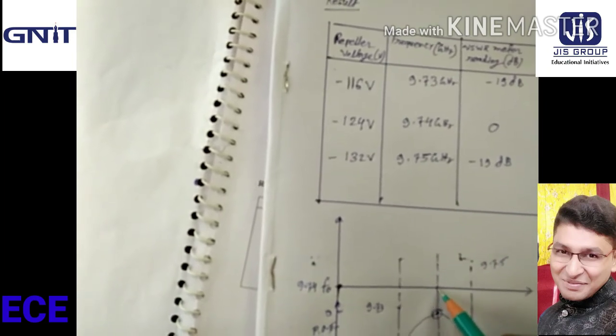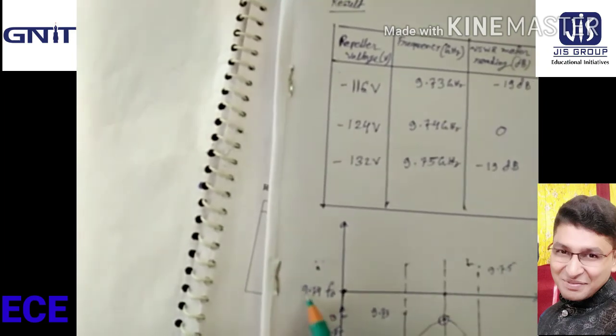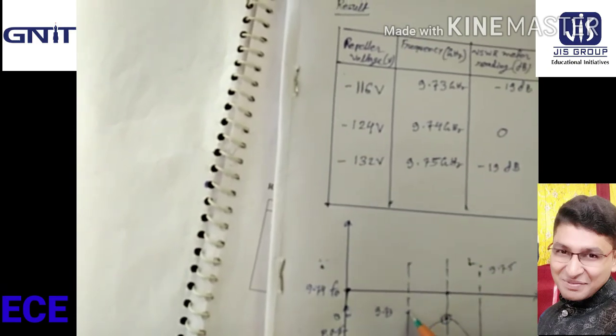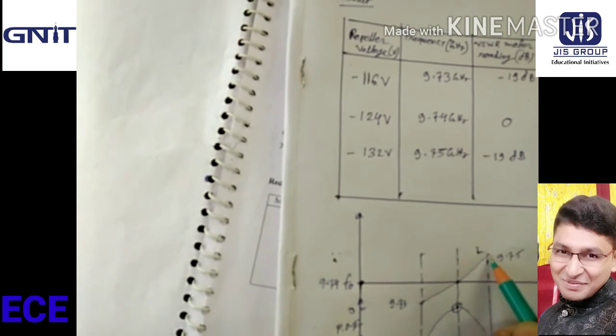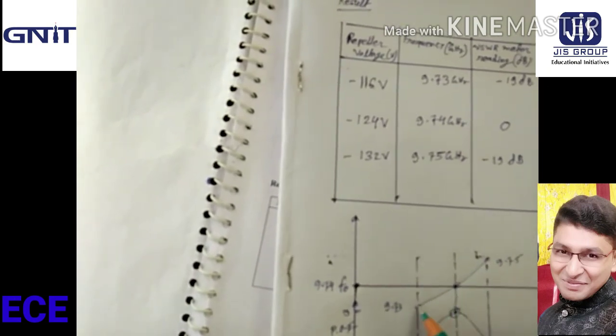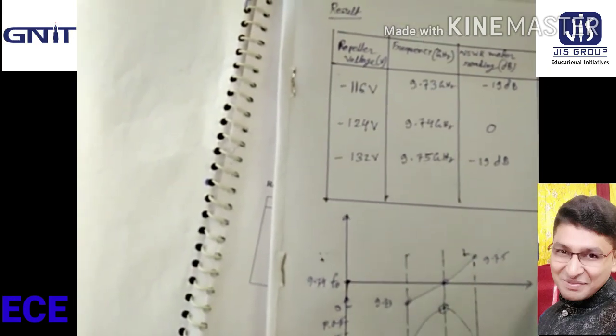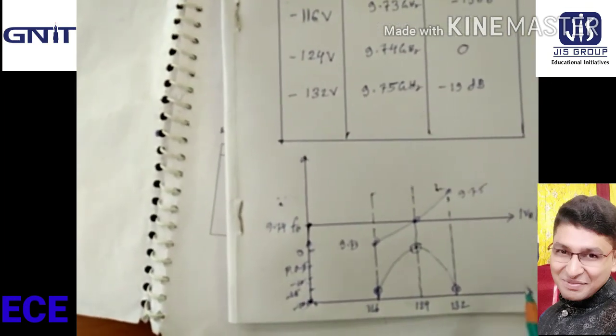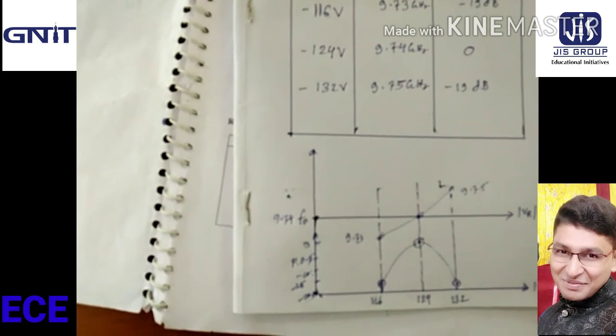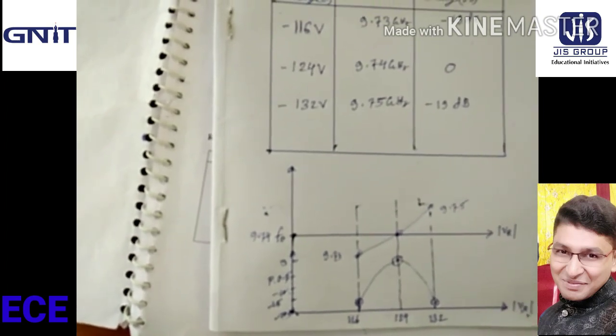At 124 volt, the frequency is 9.74 gigahertz. Join these 3 points. This curve is repeller voltage versus frequency. This is the characteristic curve of a reflex klystron oscillator.